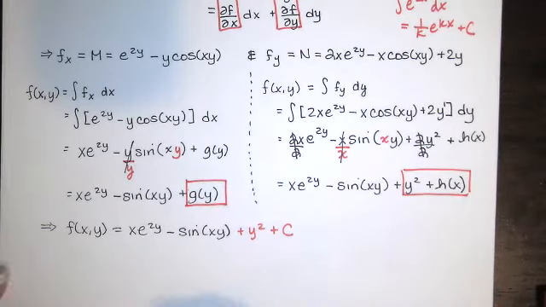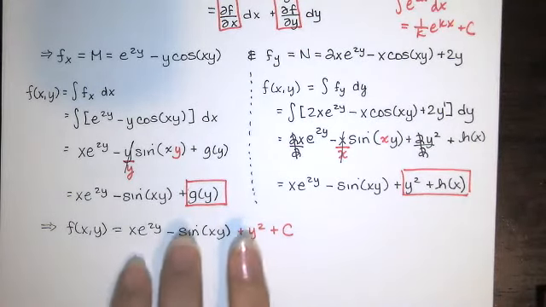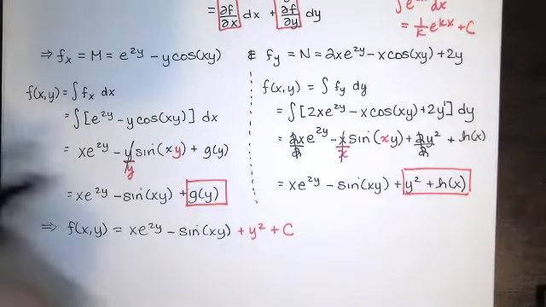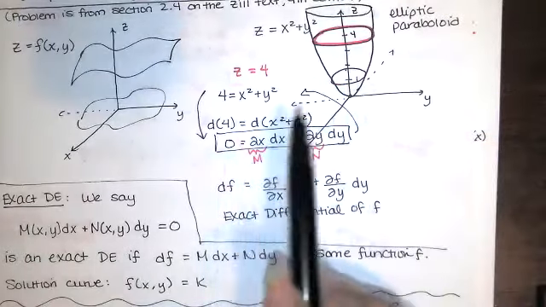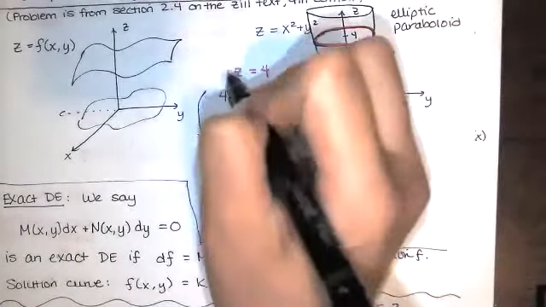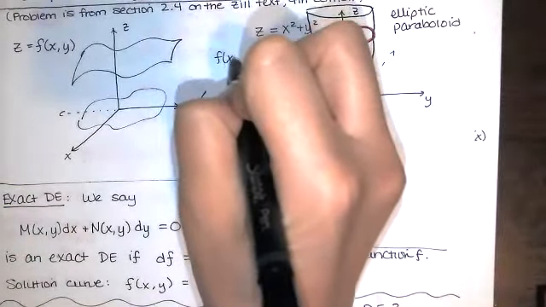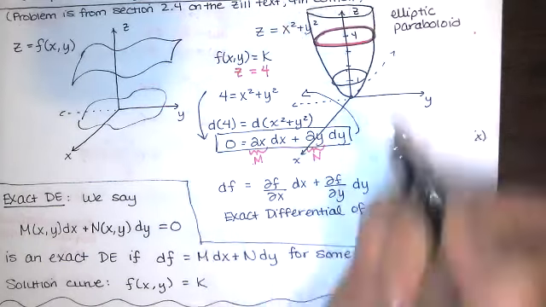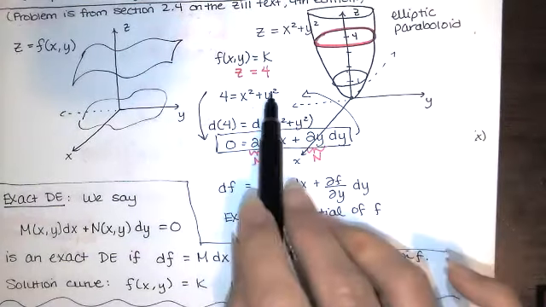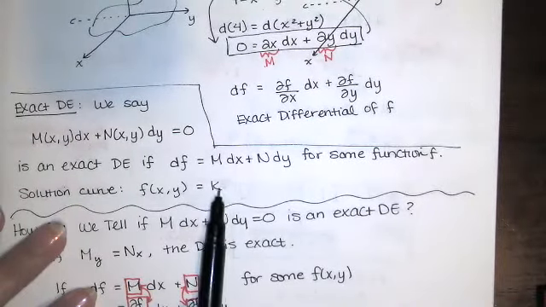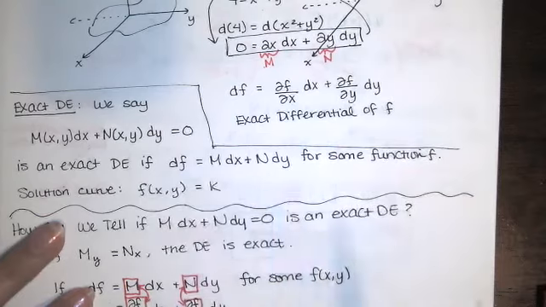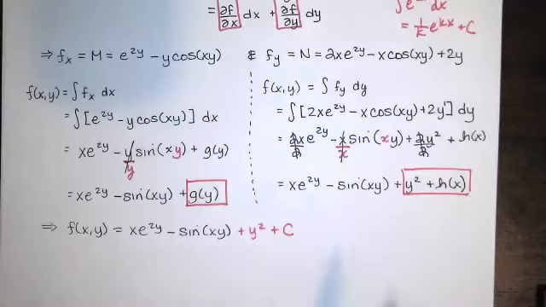Okay. Now, the solution of the differential equation is not f. Remember where we started. The solution of the differential equation is f of xy equals a constant k. In this case, k was 4. In general, it's just going to be f of xy equals a constant k, and we can find the value of k if we have an initial condition.